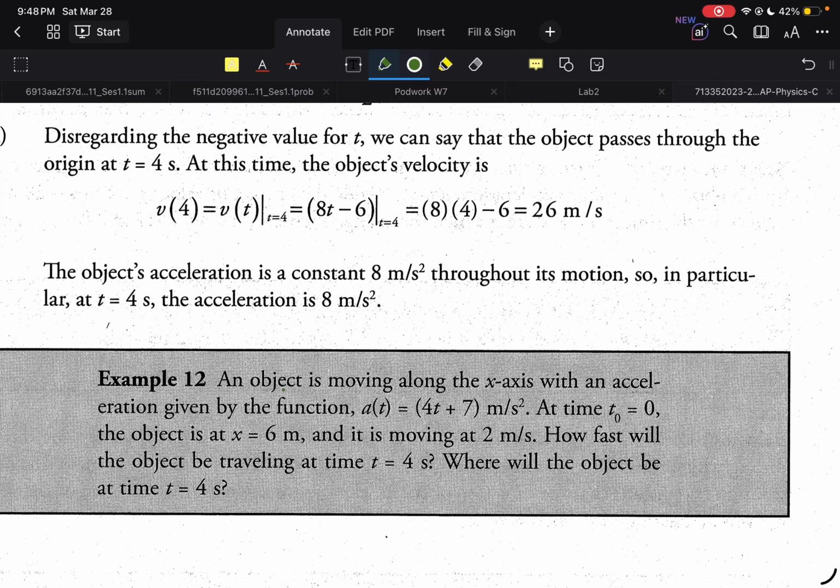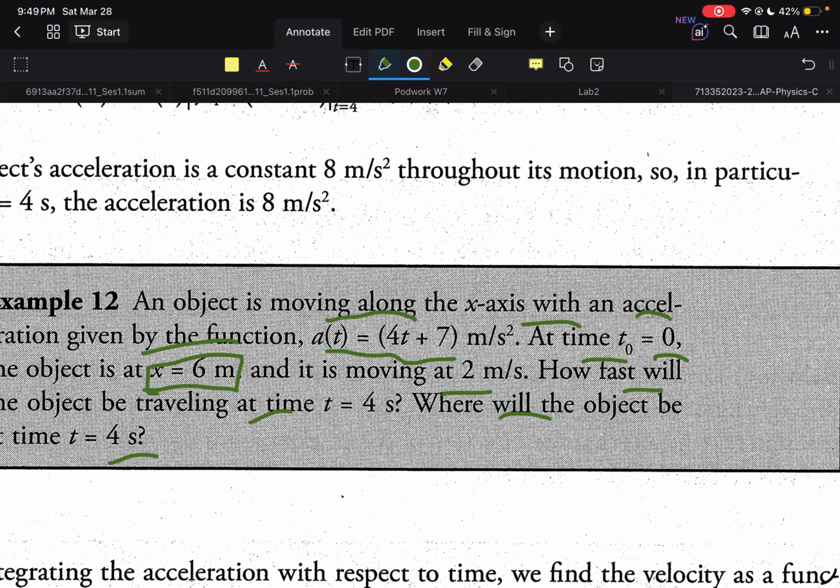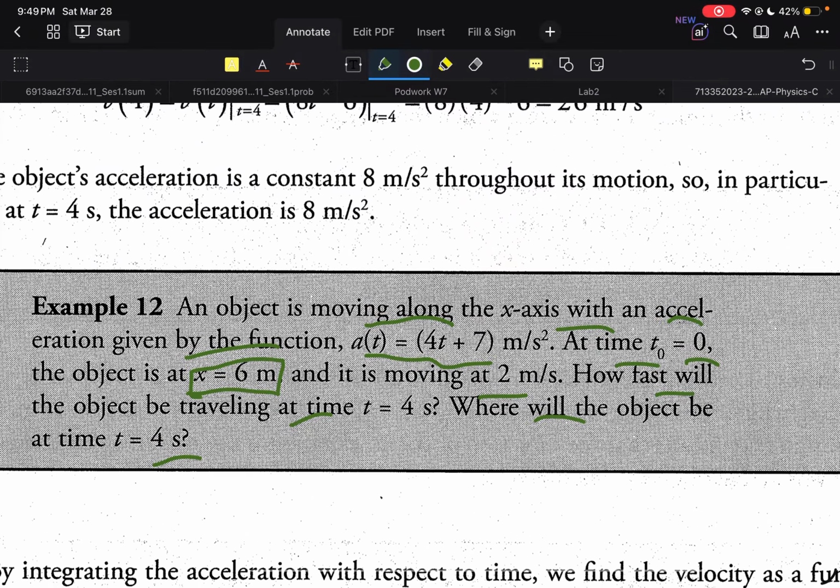The object's acceleration is this. Moving along x. Okay, so this is basically just anti-differentiating these functions.